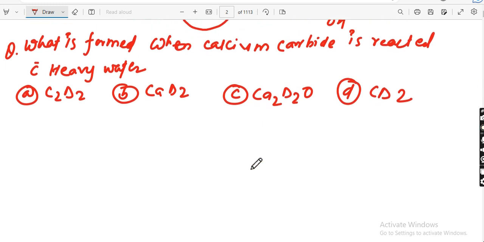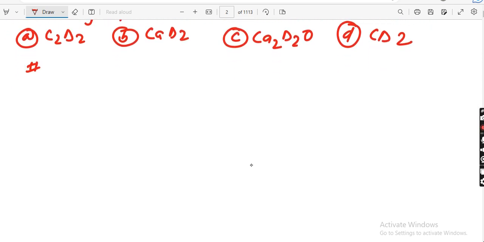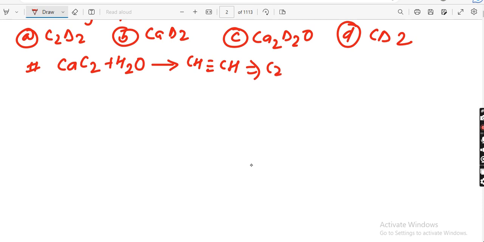So let us come here. Okay, so what happens when we react calcium carbide with water? That gives your CH≡CH, that is C2H2, right?